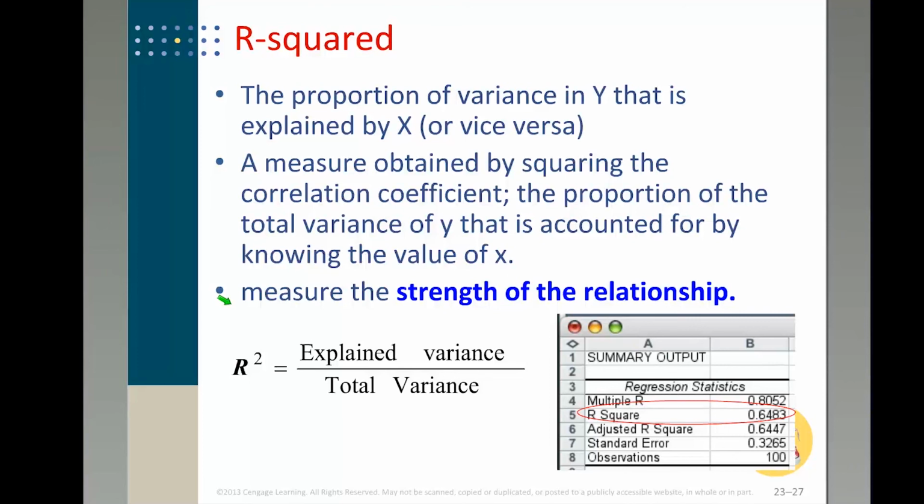So we can measure how much variance in price can be explained by the variation in X, the odometer reading. If most of the variation can be explained, we can claim the model is a good fit. Okay?